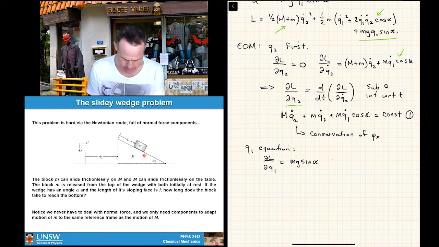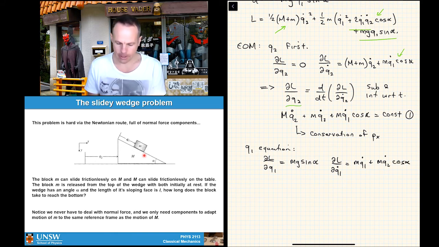And then dL/dq1 dot, I'm now going to take the derivative of my q1 dot terms, and of course they're all clustered over in here on this right hand side, right? So I'm going to have a m q1 dot, because the square is going to drop out the half, plus the 2 is going to knock out the half, my q1 is going to vanish, and I'm going to have m q2 dot cos alpha in here, okay?